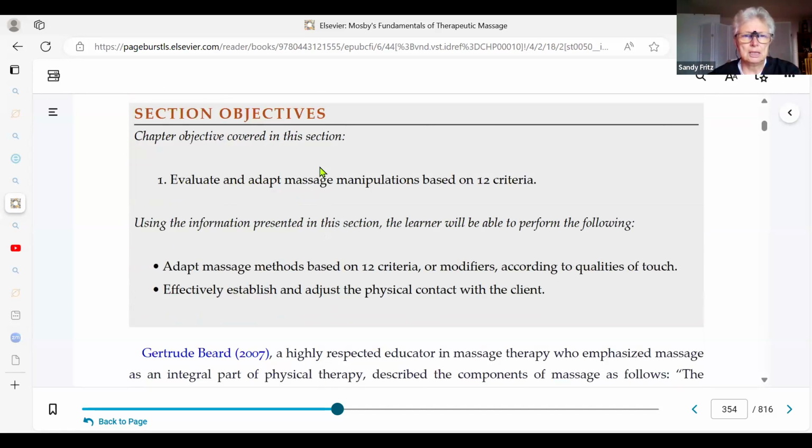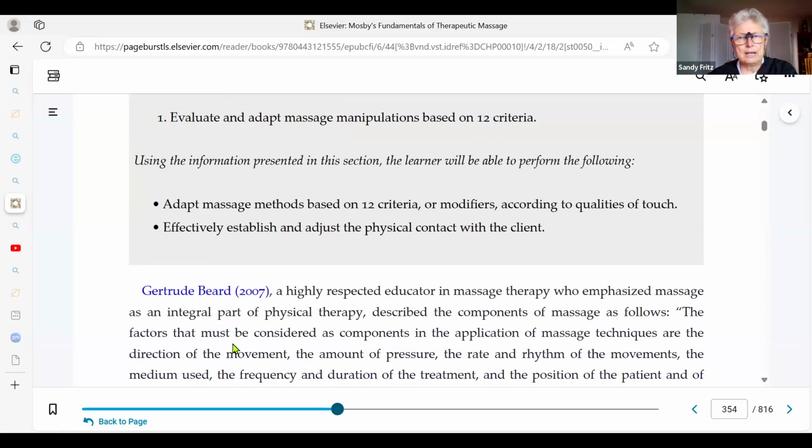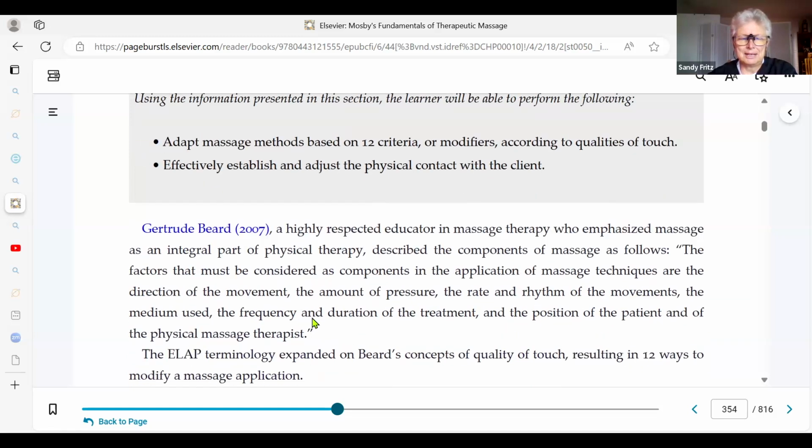And then the other thing that is important in this chapter is to think about the quality of our touch. And, you know, that evolves with experience as well. Way, way back in the day, Gertrude Beard, I never met her.